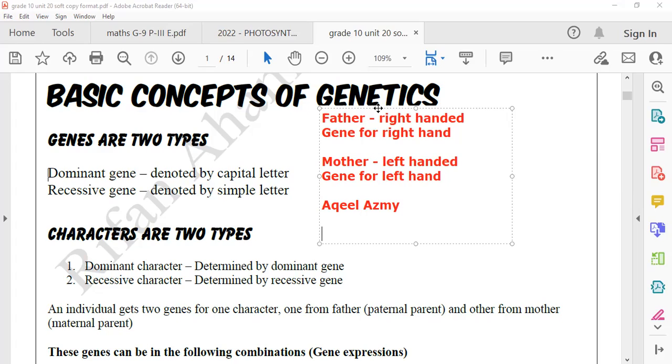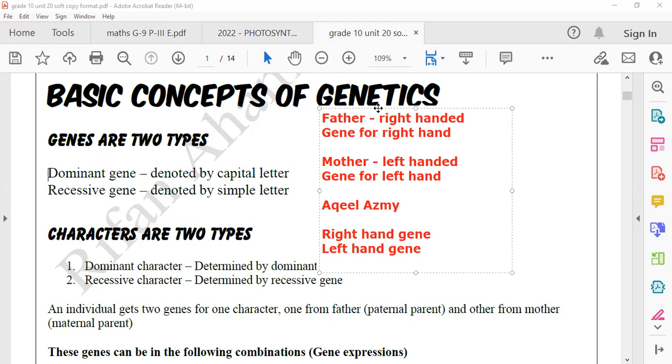So to Akil Azmi, father has given which gene? Right hand gene, because that is the gene he has, correct? Mother has given the, what is it? Left hand gene.